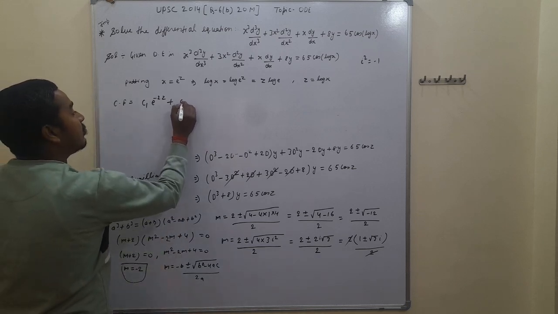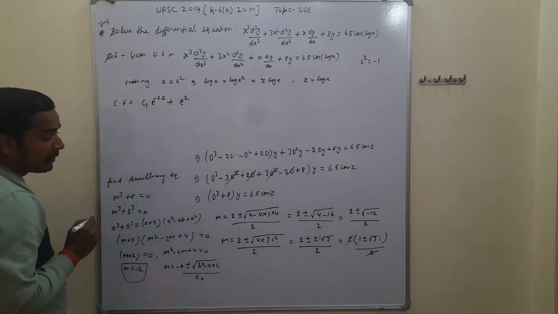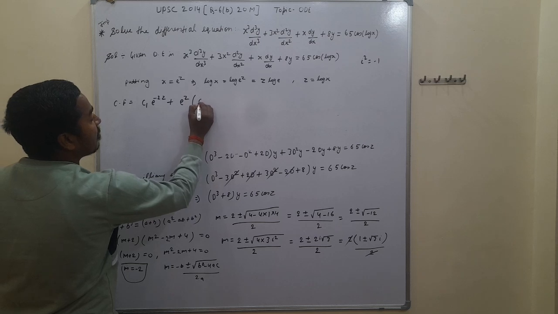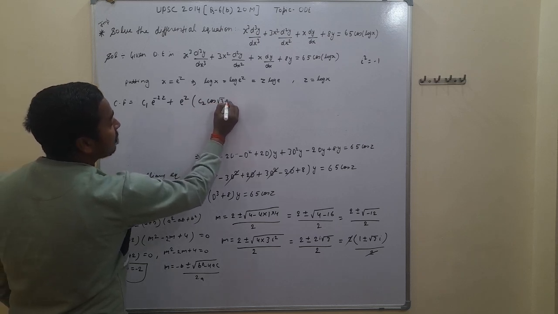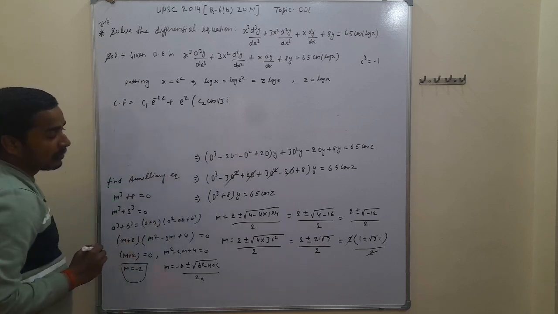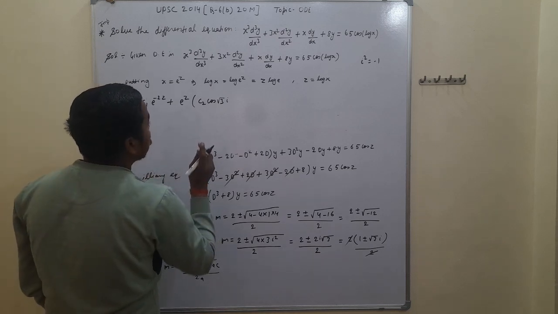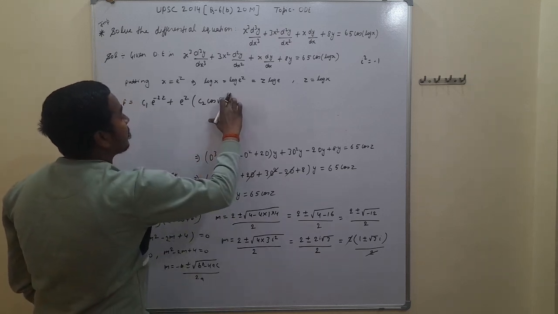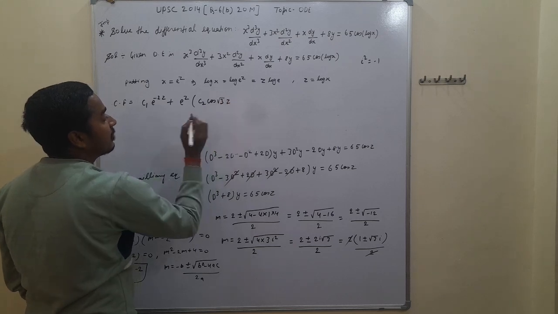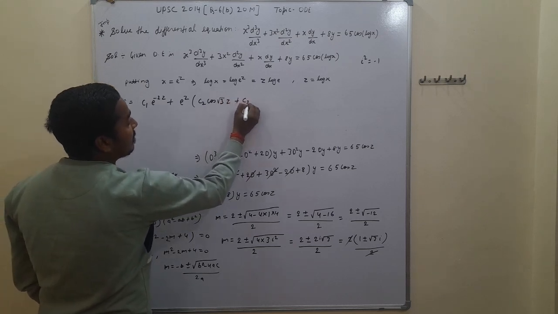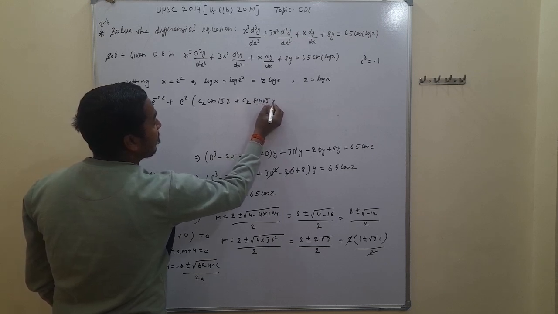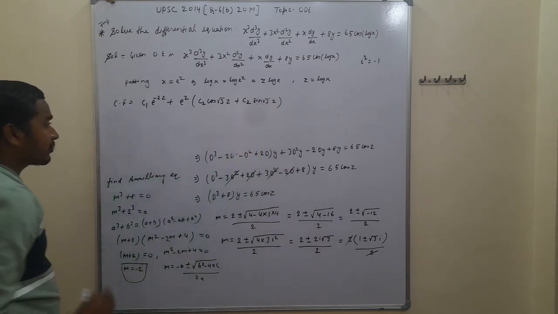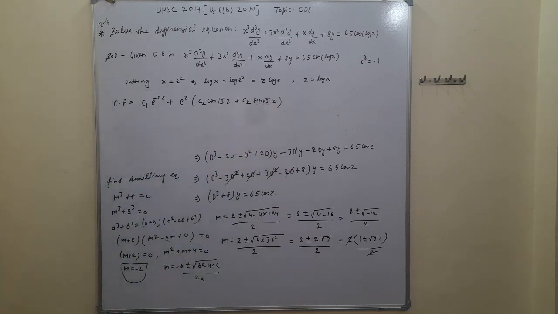So we have to write e to the power of z, c2 cos root 3 z, and plus c3 sin root 3z. This is the complementary function.